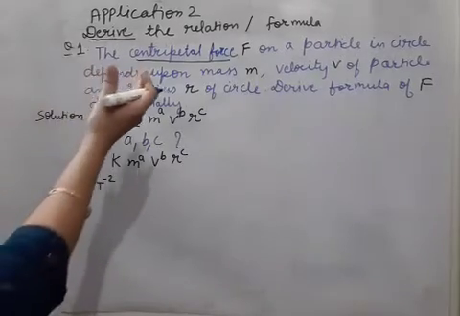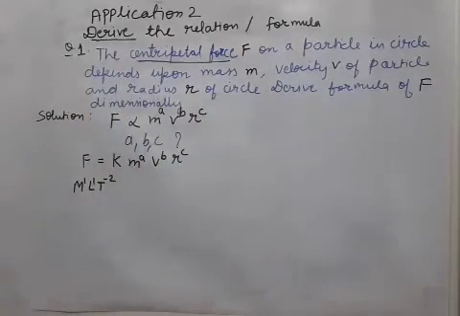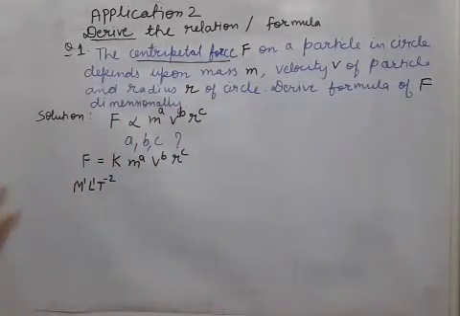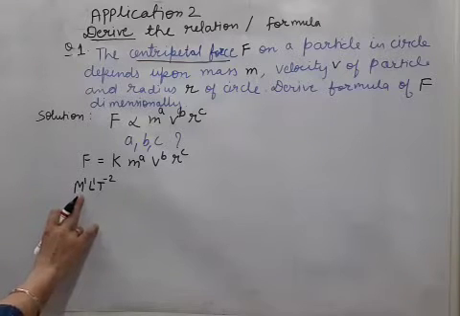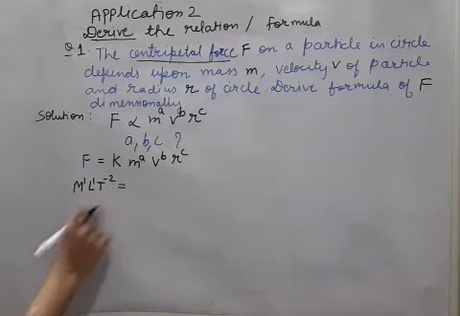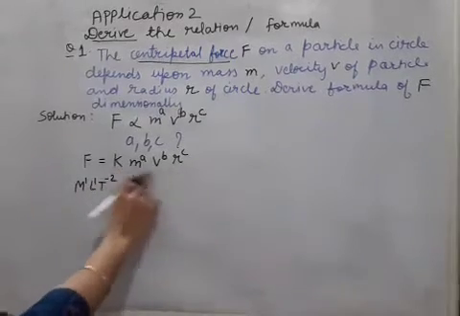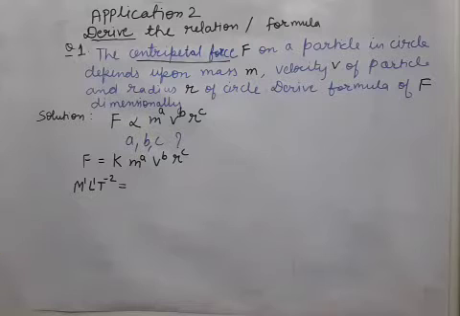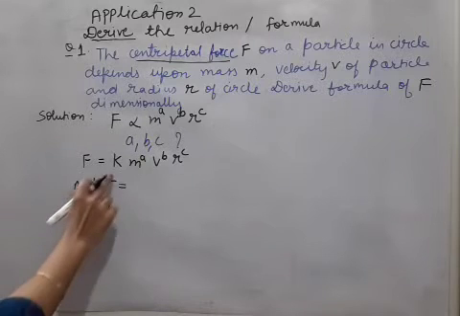But we don't have to go into the detail of centripetal force in this dimensional chapter. We only want to know the dimensional formula of force. So any kind of force, whether gravitational, centripetal, any force, we always write the dimensional formula M1 L1 T power minus 2. Okay, next step. Here K is a constant and a constant is dimensionless, no dimension. So we always ignore it.